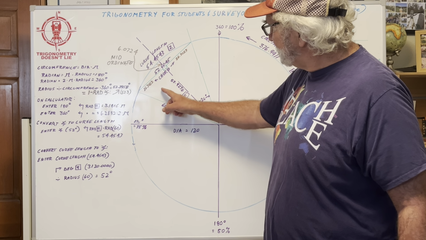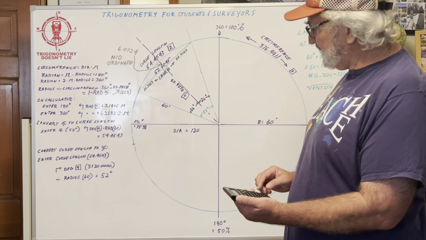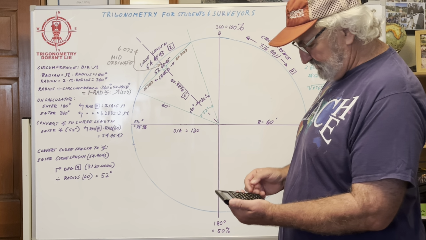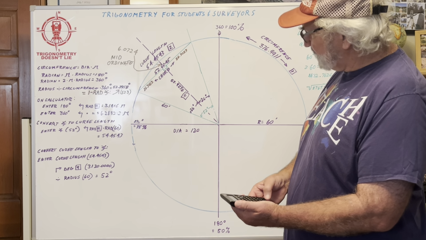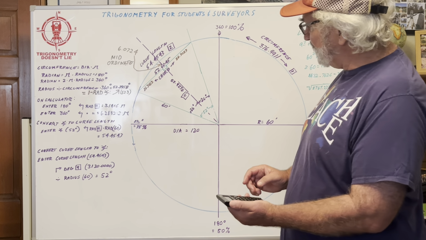We could also do this by tangent if we want. We can go 26, and we can go tangent, and then 26.3023 times, oh no, we want to divide that now.